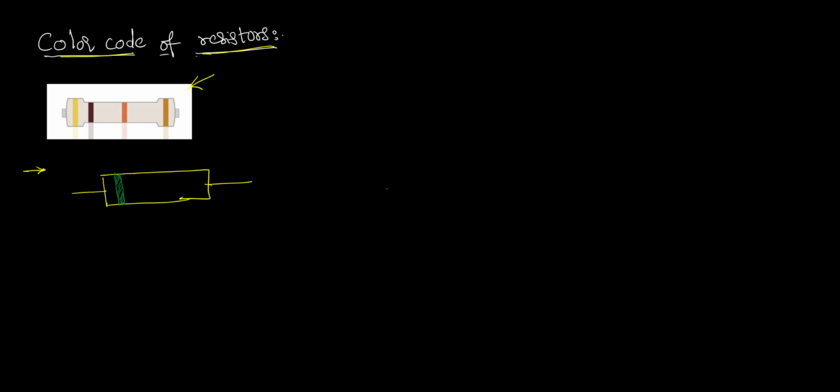There is another color here, and of course another color here, and a little far at the second edge of the resistor there is another band. Typically, in a simple way, it will have 4 bands like this.